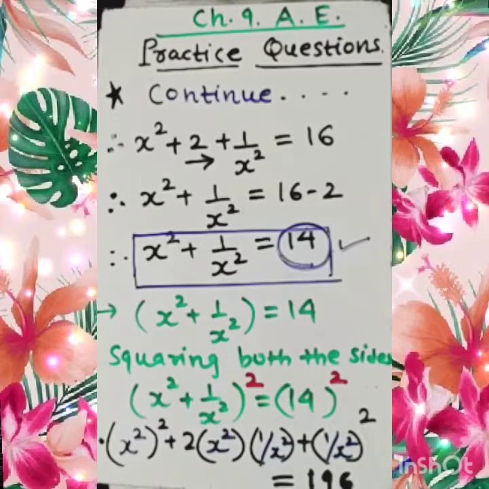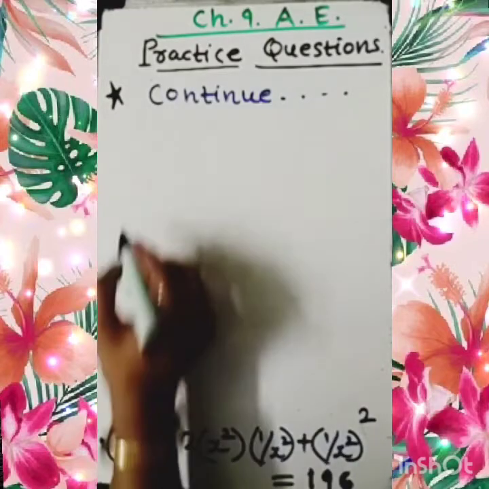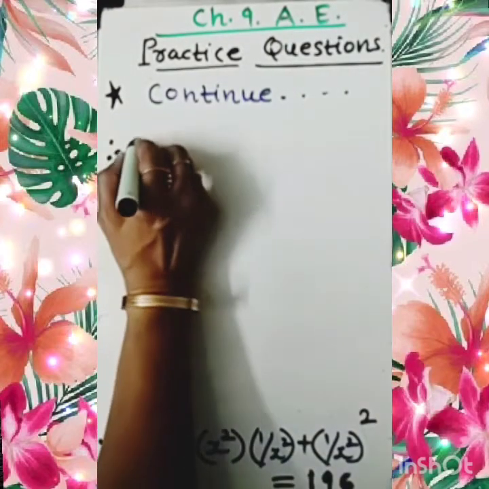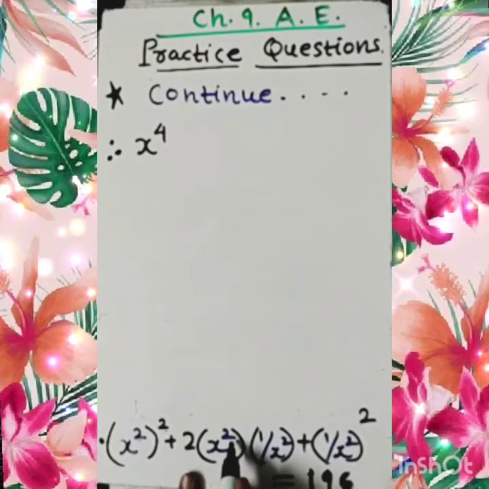Let's see. So dear student, now the question is in continuation. Let's simplify. If I have the square of a square here, I need to write x to the power 4. Square of square means power 4. You can see here, x square into 1 upon x square.